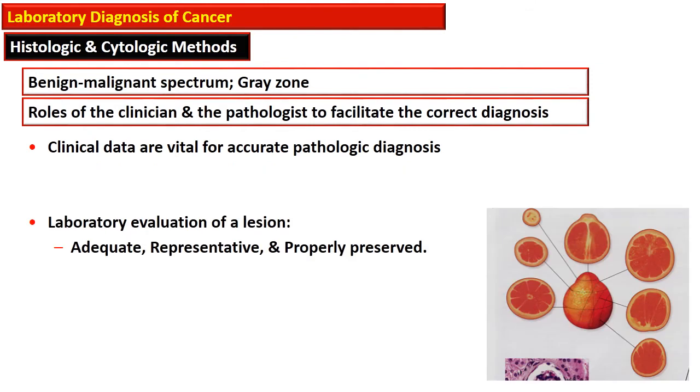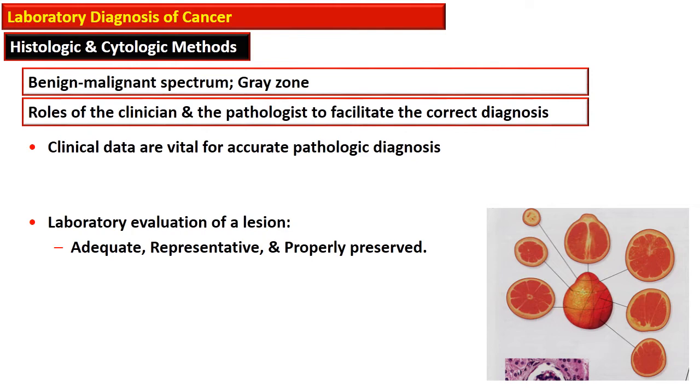The laboratory evaluation of the lesion should be adequate, representative of the lesion, and it should be properly preserved. Here you can see this orange is cut through various levels and angles, and each one of them is giving a different picture.